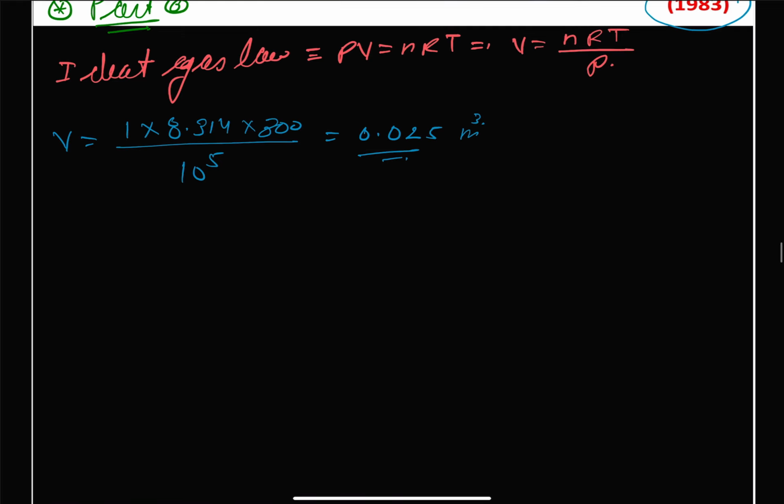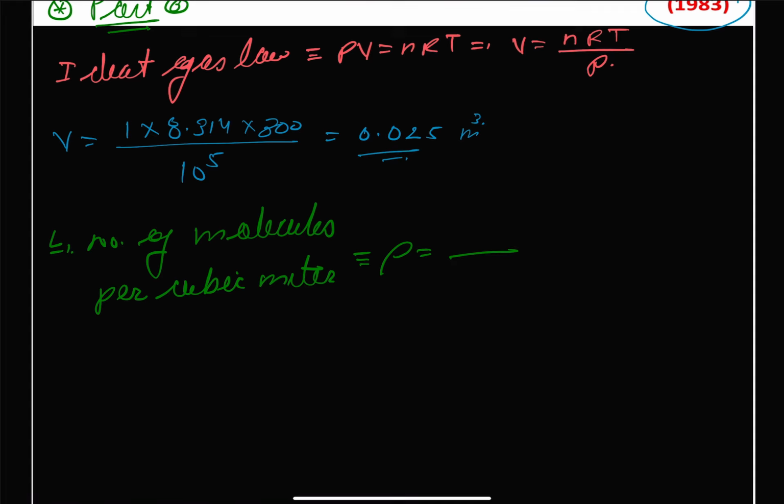Now we can find out the number density, or we can say number of molecules per cubic meter. And rho is equal to Avogadro's number divided by the volume.